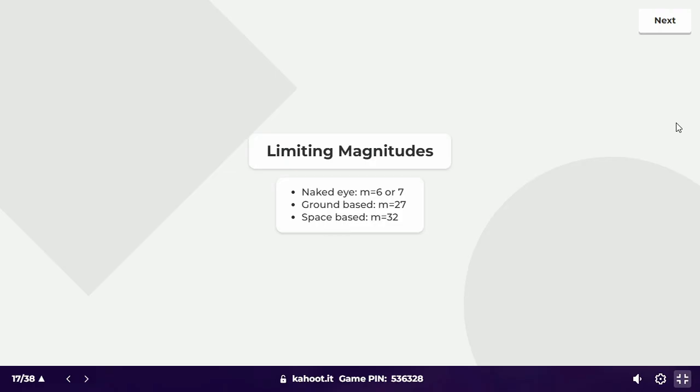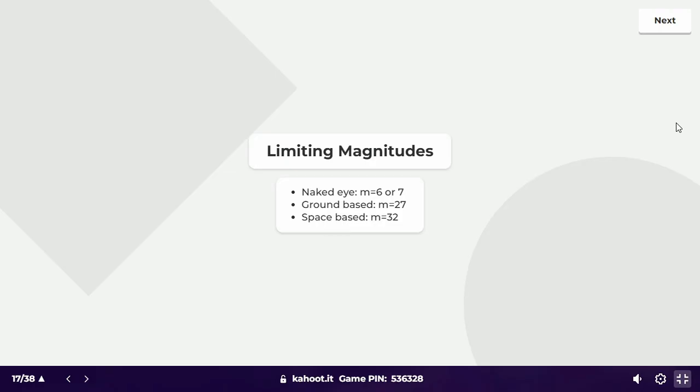Then with telescopes on the ground, you can have long exposure times and really big collecting areas, so you can get to about magnitude 27 at the really top of the line scientific observatories in the world. I think at our observatory we can get to probably magnitude 20.